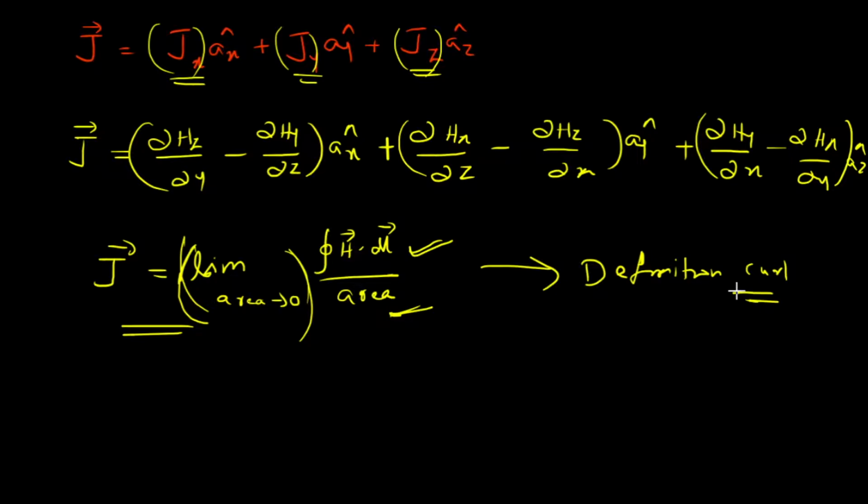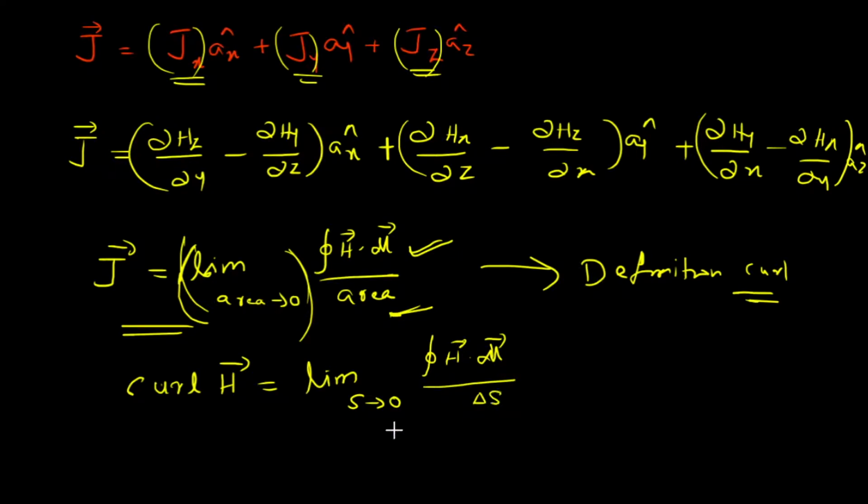It gives you the curl at that point. So this ratio is defined as curl. So I can say that the curl of h is nothing but the limit as s tends to 0, where I represent area as s, of the closed integral h dot dl divided by the small area delta s.